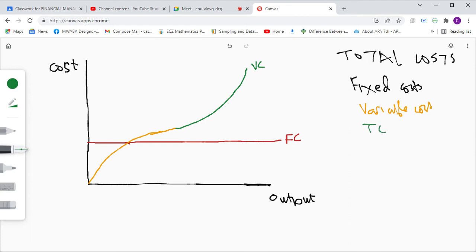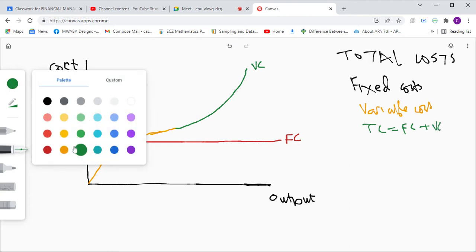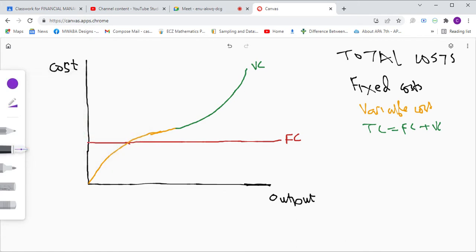Then we say that total costs, we also have total costs. Total cost, this is the fixed costs plus variable costs, okay?